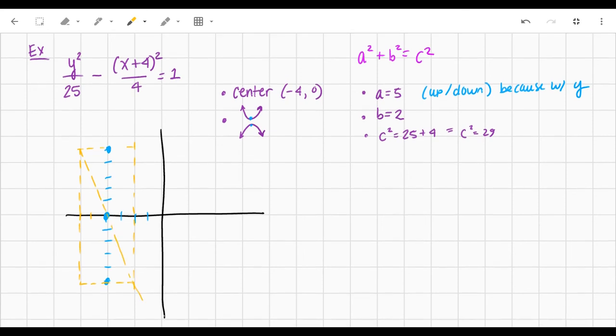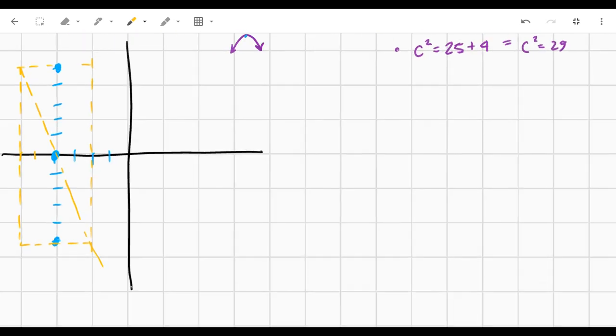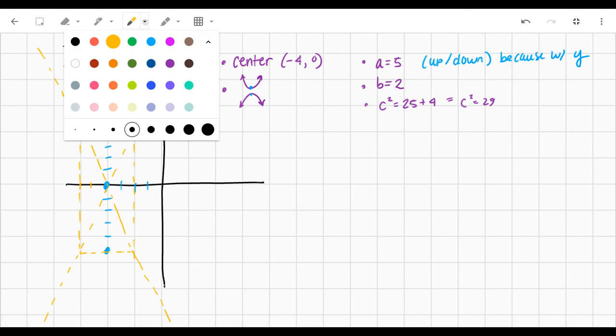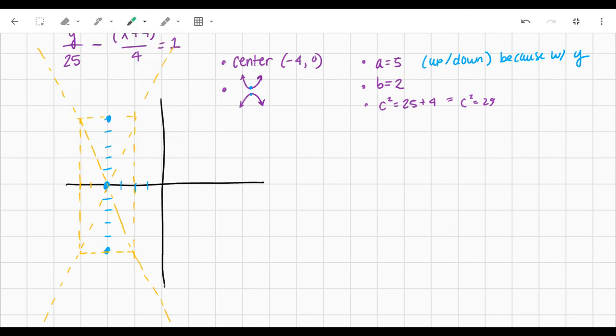I can't zoom out anymore, I can only zoom in. So connect those corners to get your asymptotes. And then we're ready to draw in our hyperbola. So it needs to go through this point and hug your asymptotes.